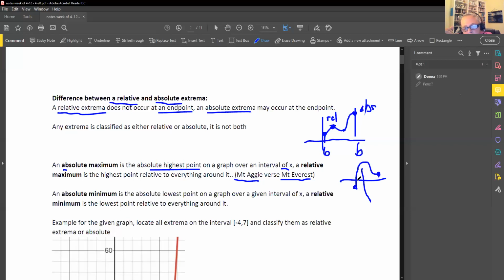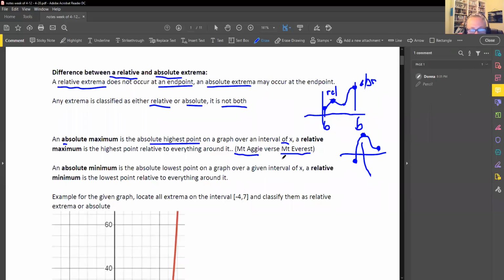It can happen not at an endpoint, but at what you'd consider a relative max, in between the endpoints. But a relative minimum can't be an endpoint. An extremum is classified as either relative or absolute, not both. That's the point I'm trying to make. It's one or the other. So the absolute maximum is the highest point and the absolute minimum is the lowest point.